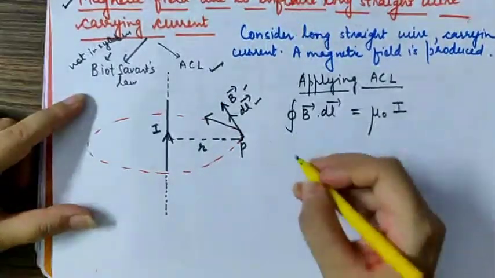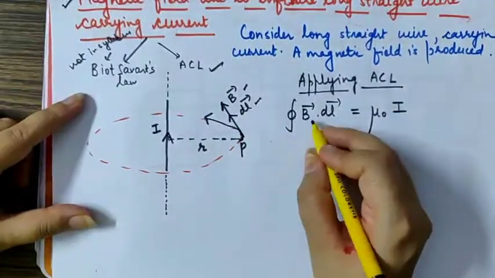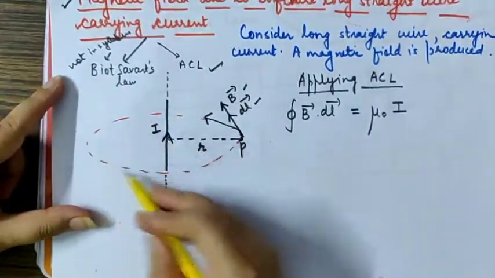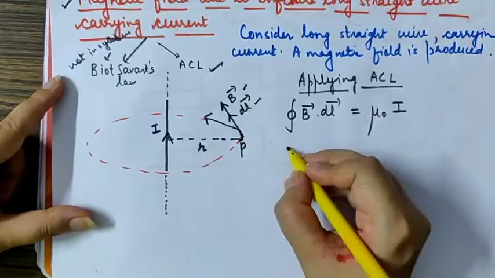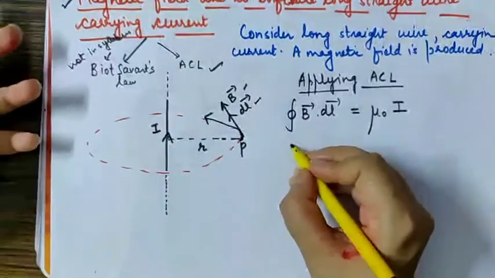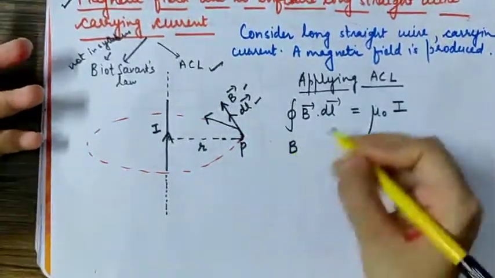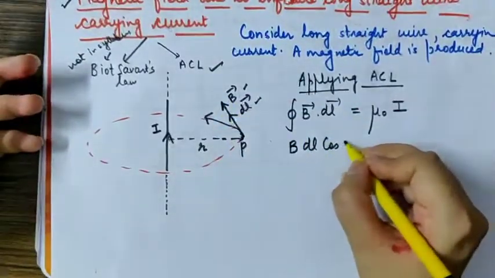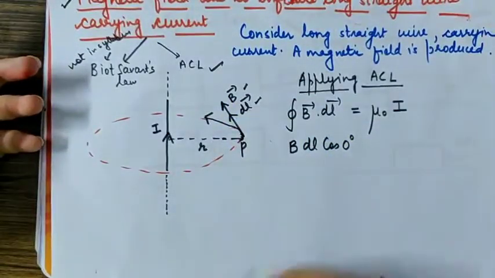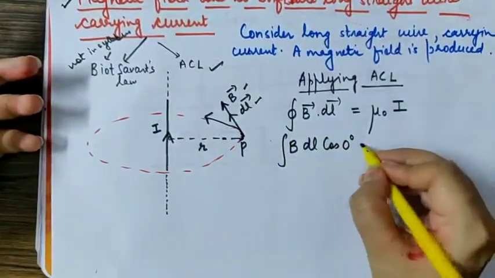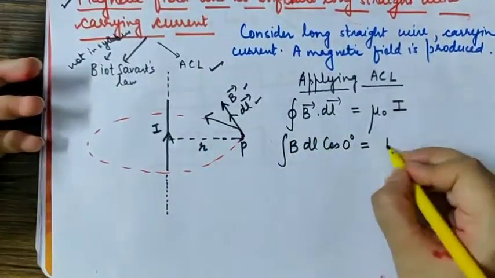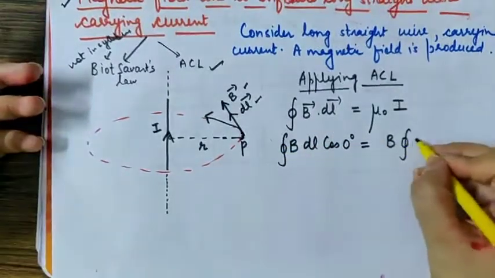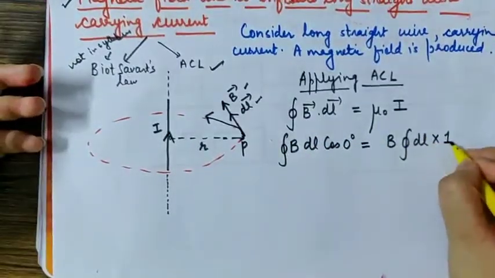Now working on the left hand side, first of all, we are doing the integration. As at this point the magnetic field is constant, the dot product B dl means cos of the angle between them. Both are in the same direction, that's why cos 0 degree, which is 1. The magnetic field is constant, so it can be taken outside the integral.